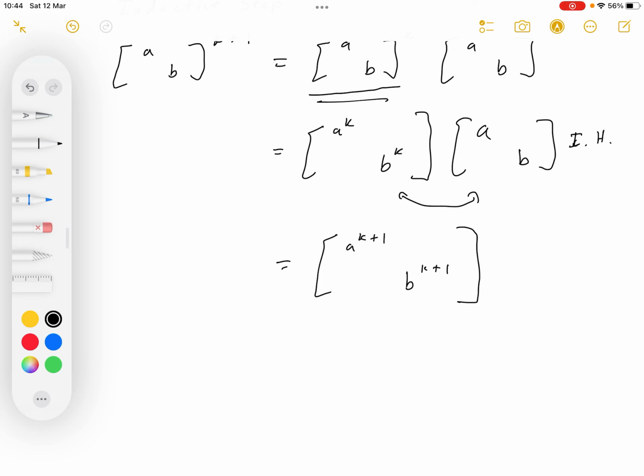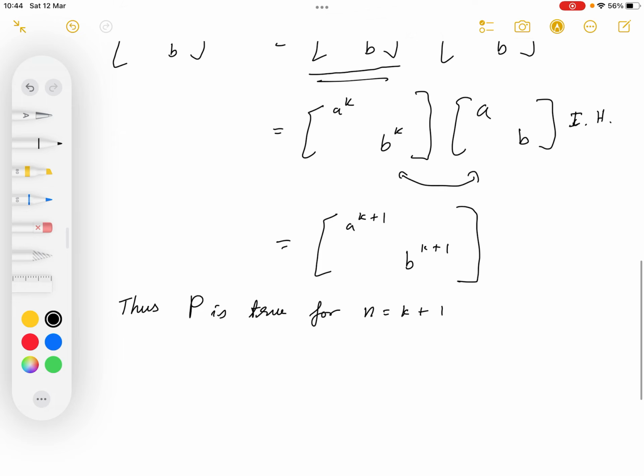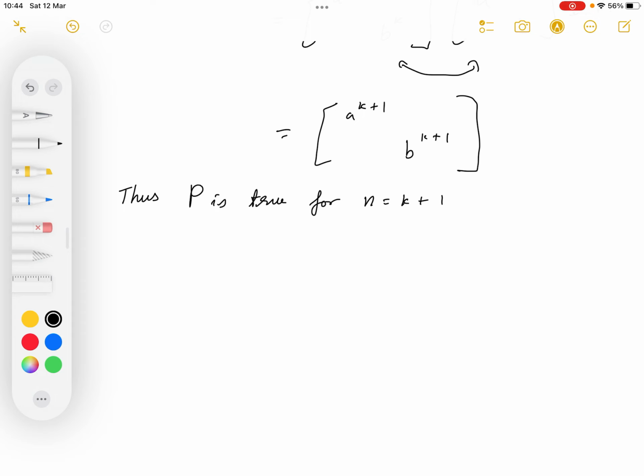And now we can say, thus P is true for n equals k plus 1. Sorry, this is the conclusion.